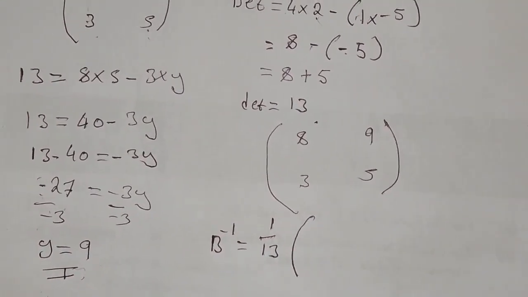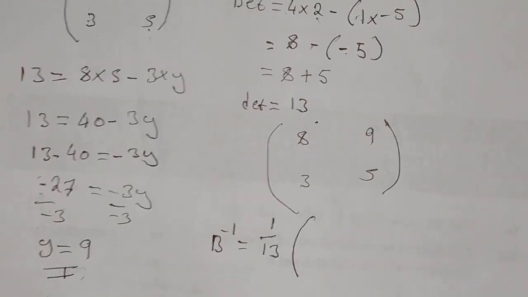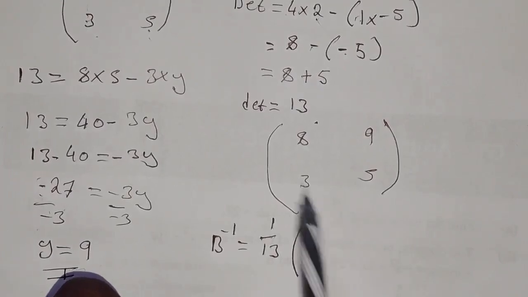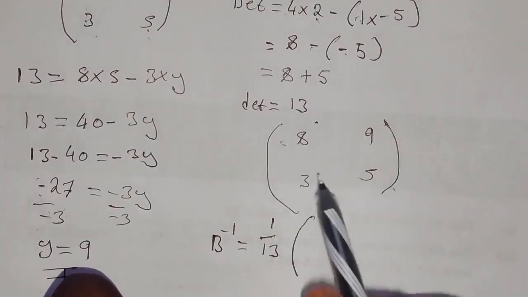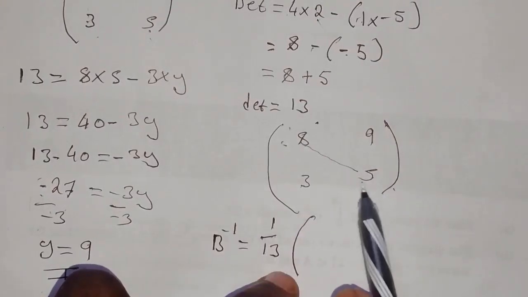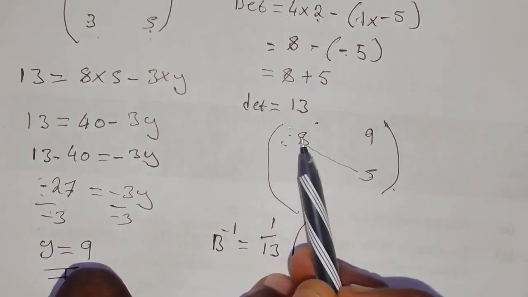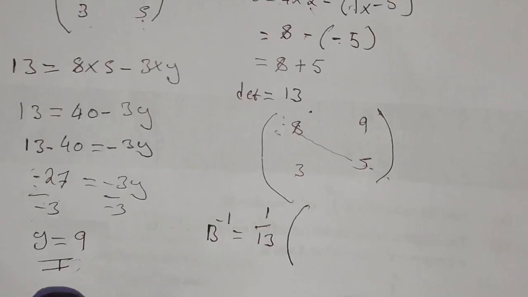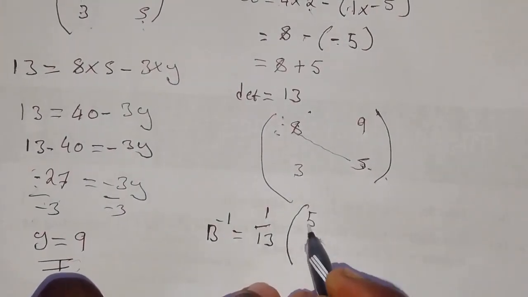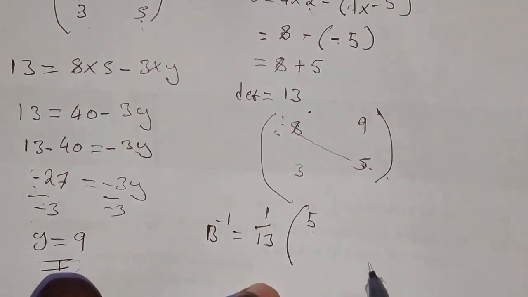After you reach this side, you should know that when finding the inverse, these two numbers swap, so this and this will swap. So we have 5 on top and 8 down here.